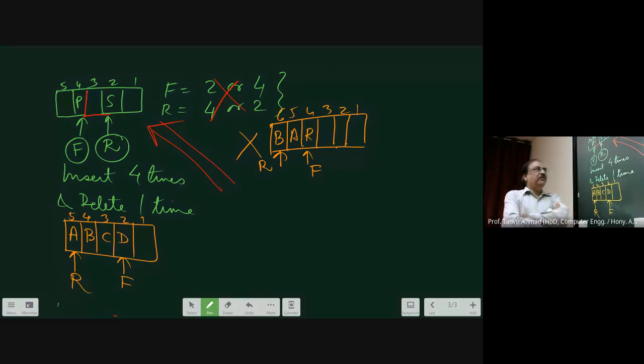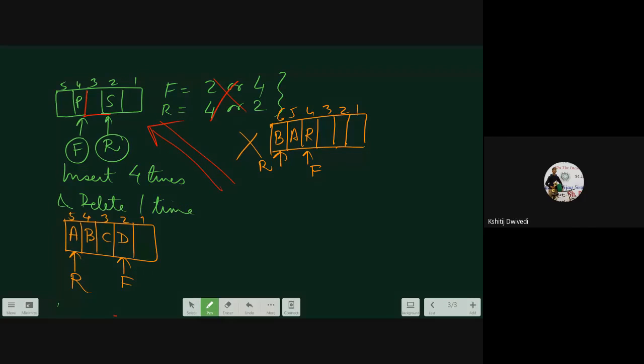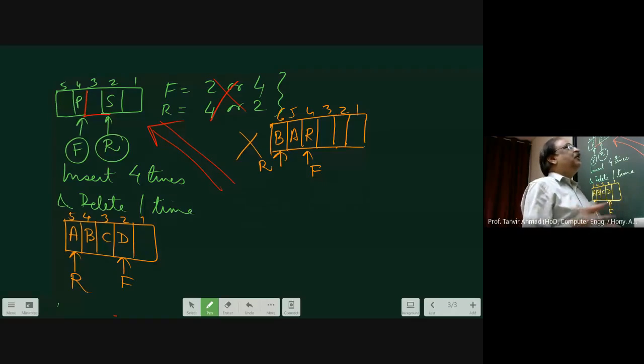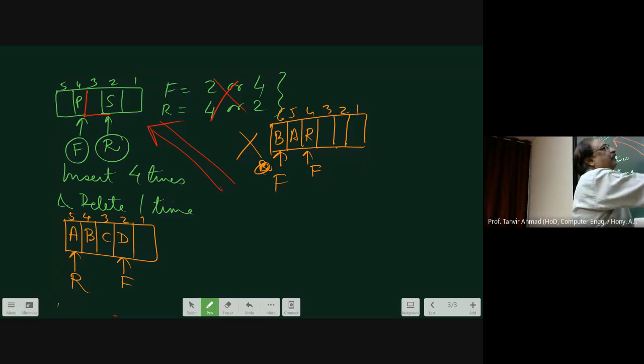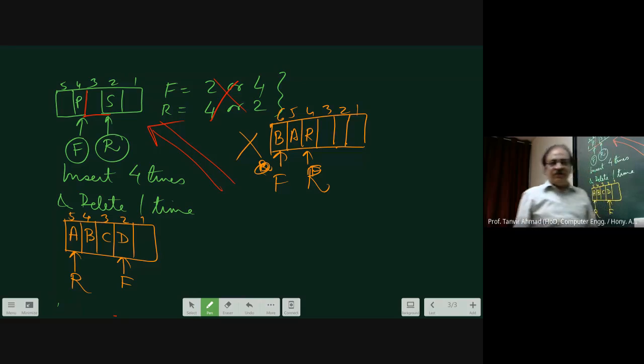Is it possible? Yes, sir. Yes, it is possible, because it means that you have inserted maybe 6 times, deleted 3 times. It is a normal queue. Now, if you are going to interchange over here like this, it is not possible.